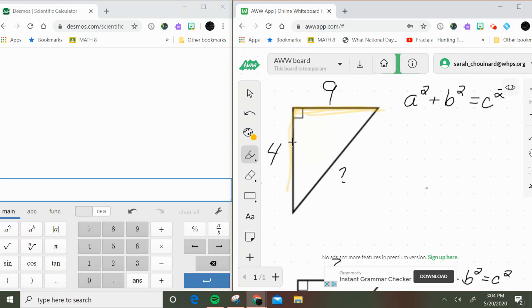B was the other leg, or the other side that made up the right angle. So when we're given 9 and we're given 4, we want to plug those values in for a and b. What we don't know in this diagram is the hypotenuse, the longest side of the triangle, which is the value c in Pythagorean theorem. So that's what we'll be solving for.